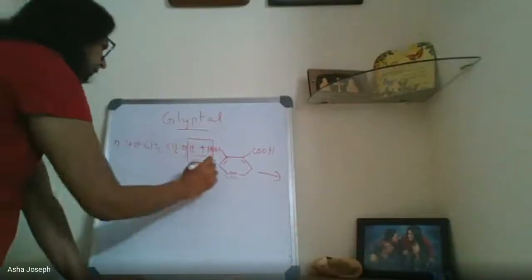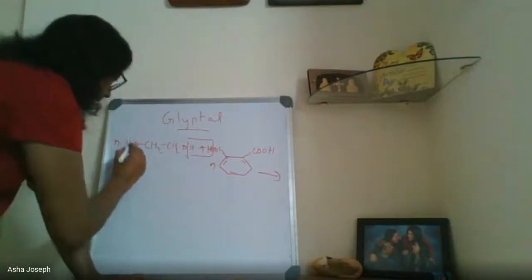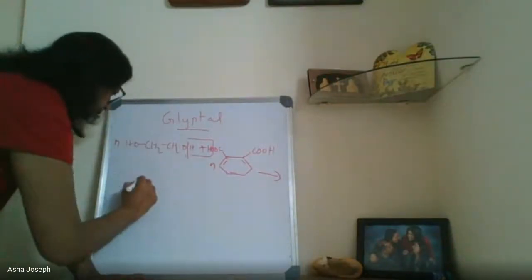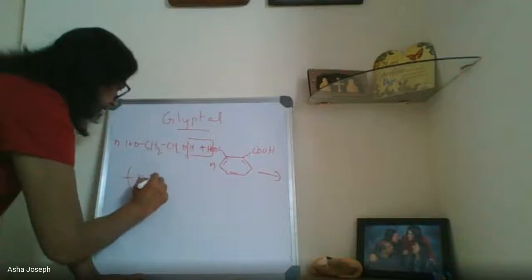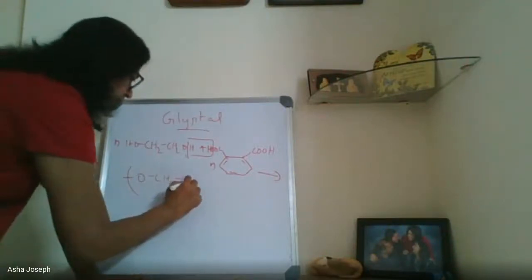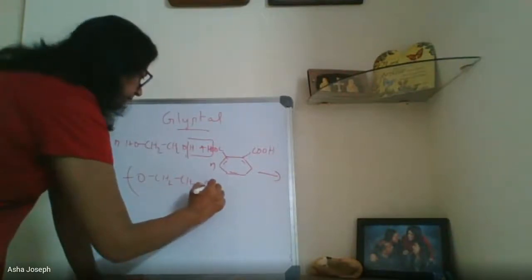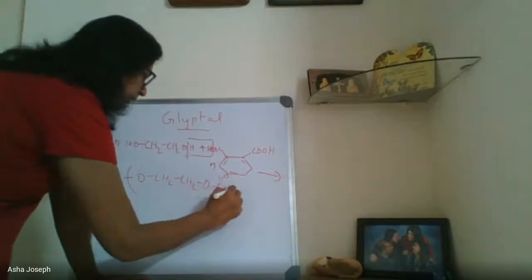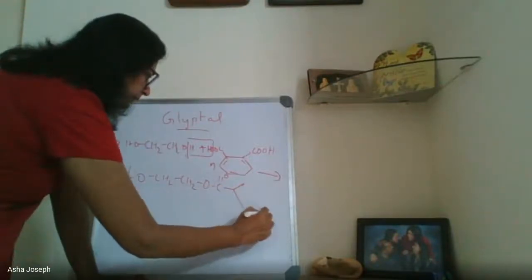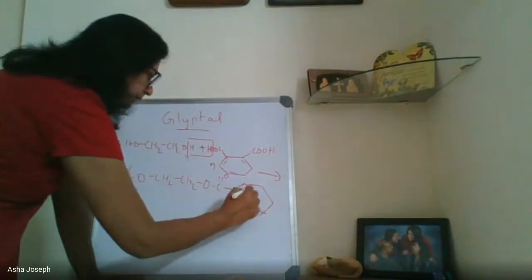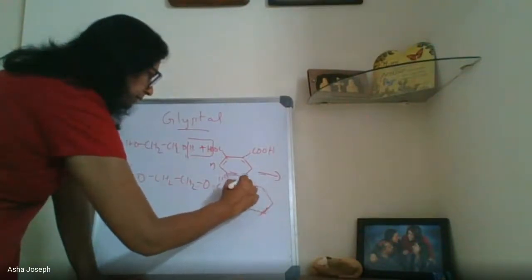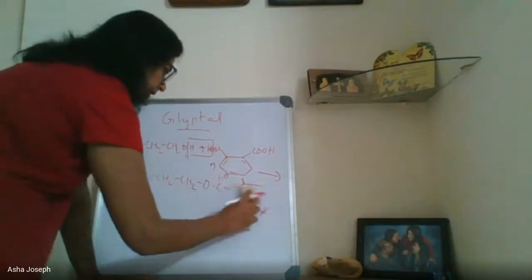So the polymer, n number. Okay. So in the polymer, I will not write H. O dash, CH2, CH2, O, C double bond O. Here, or same way I can write.